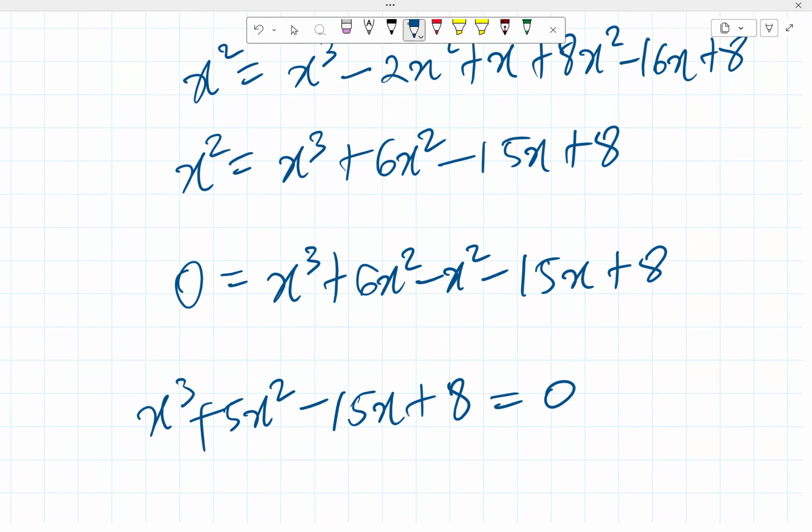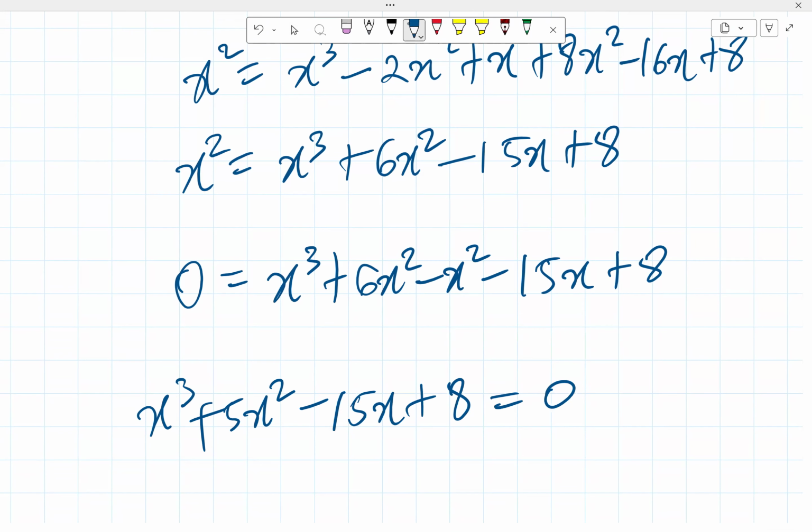So we can try different factors and see which one works. Those factors should be factors of 8. So possible solutions are factors of 8, that's the rational root theorem.